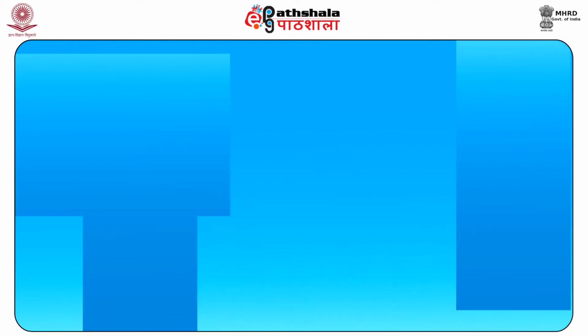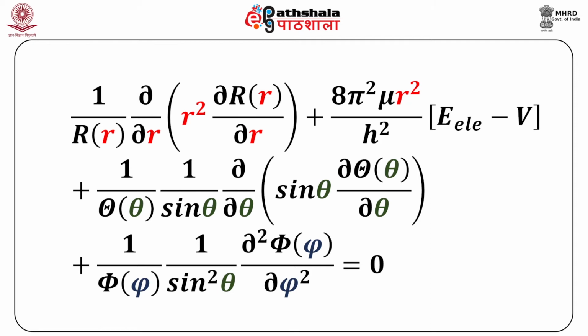And if we do this, the equation looks as it is shown: 1 upon R, del by del r, then we have r square del R upon del r, plus 8 pi square mu r square upon h square, then in parenthesis we have E electronic minus V, V is the corresponding potential energy, then parenthesis close, plus 1 upon Theta, then 1 upon sine theta del by del theta, then we have sine theta del Theta upon del theta, plus 1 upon Phi, 1 upon sine square theta del 2 Phi by del phi 2 equals 0.